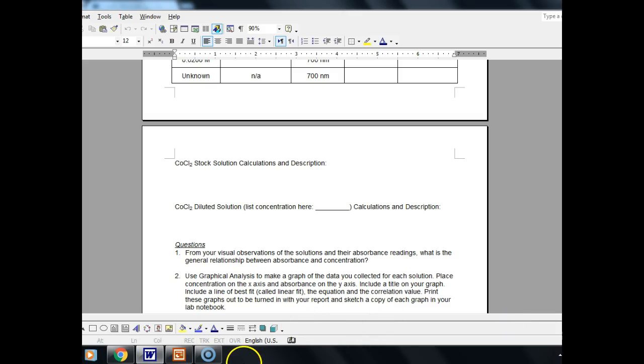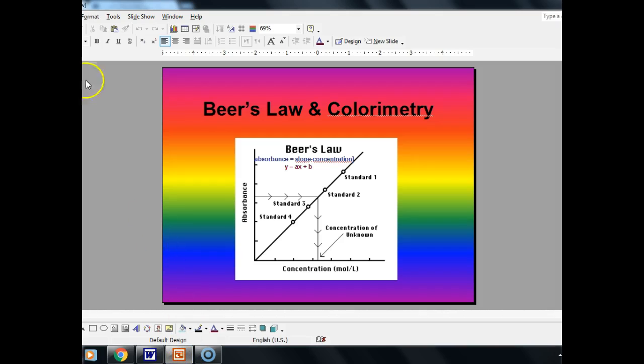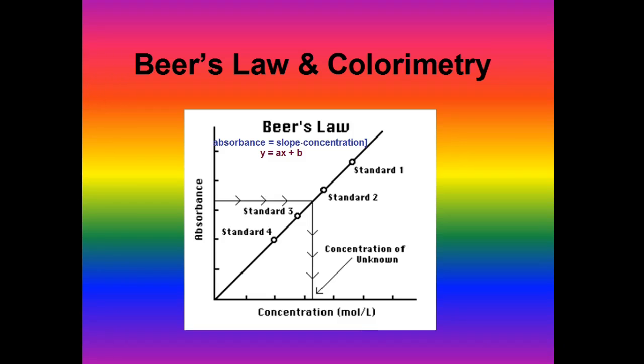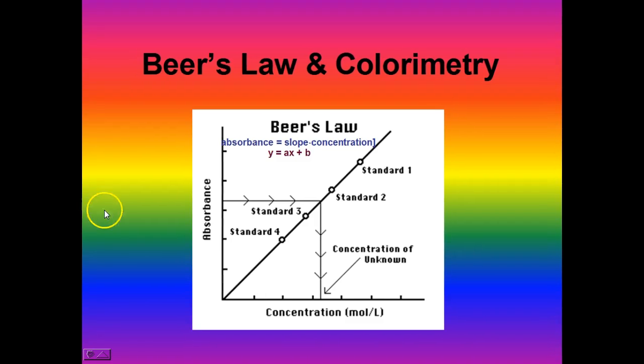All right, so I'm going to have to switch gears for a second and bring you back to this PowerPoint that I showed you when we first started talking about Beer's law. And so this hopefully looks a lot like your graph. Then we had our data points. I know that not all of our data points fit on the best fit line, but you should have your best fit line.